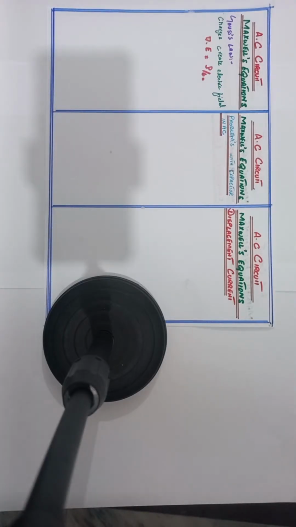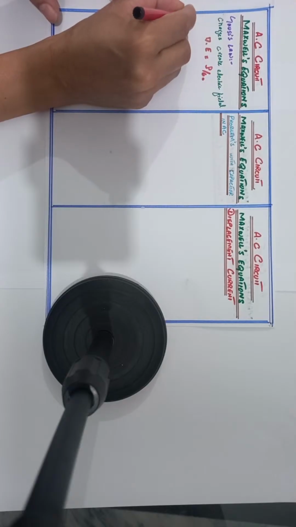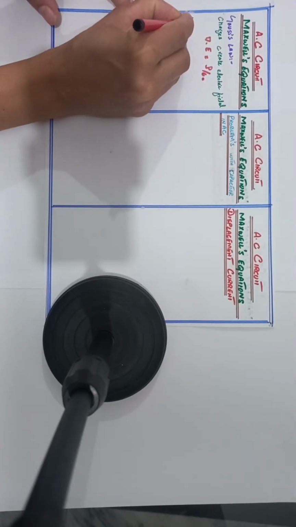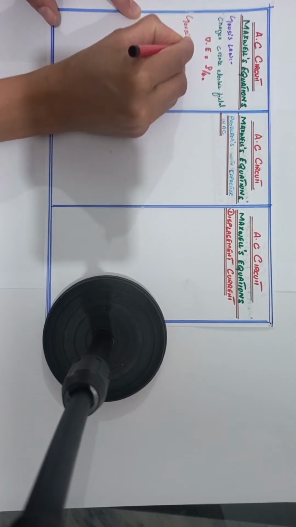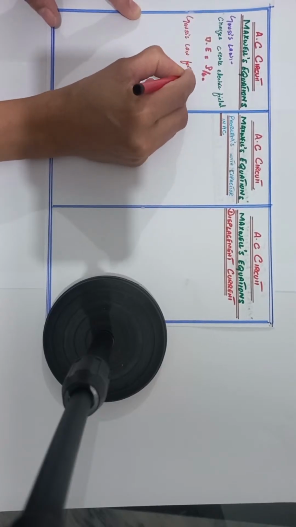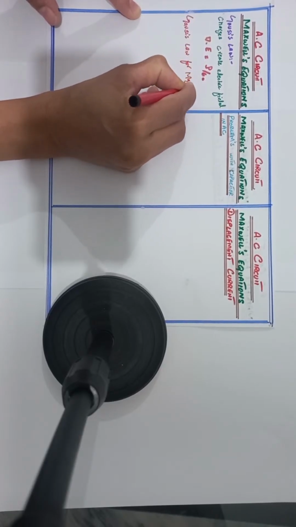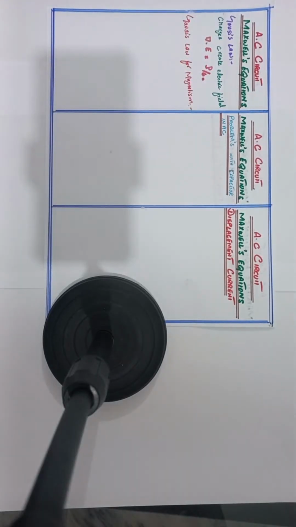So here we write about the second Maxwell equation, which is the Gauss law for magnetism. Gauss law for magnetism says that no single magnetic pole exists.